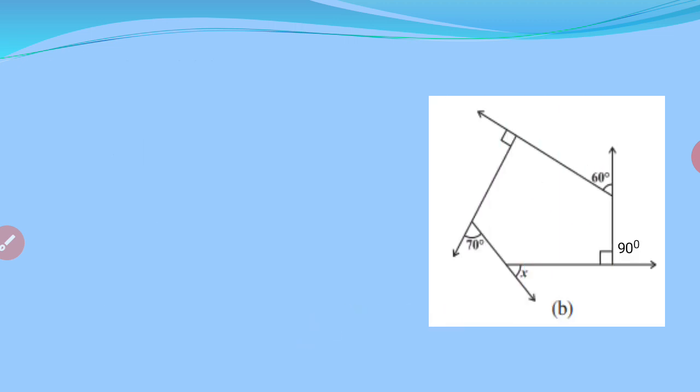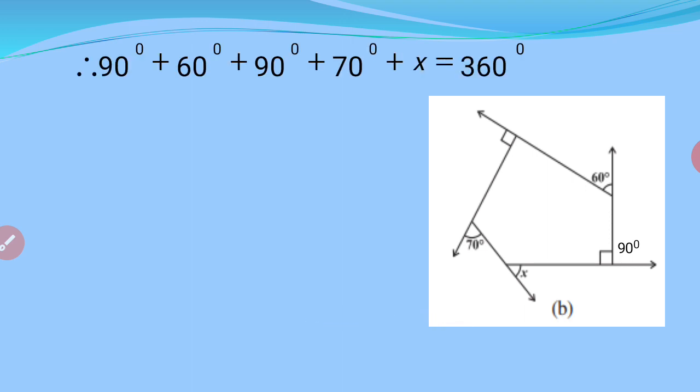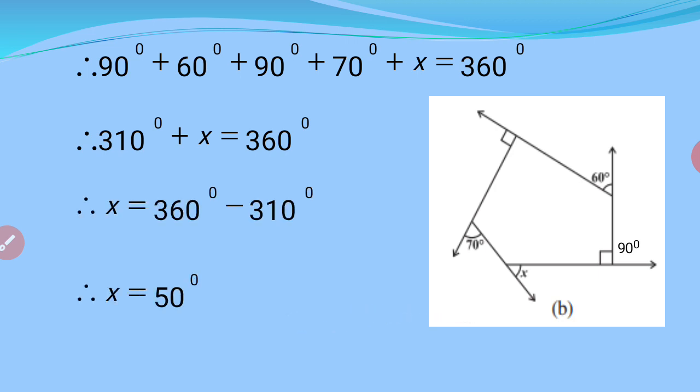This is how we get the figure having two exterior angles of 90 degrees, one angle of 60 and one angle of 70. Only x is to be found. We know that the sum of all the exterior angles is 360 degrees. So we substitute the values and get x equal to 50 degrees.